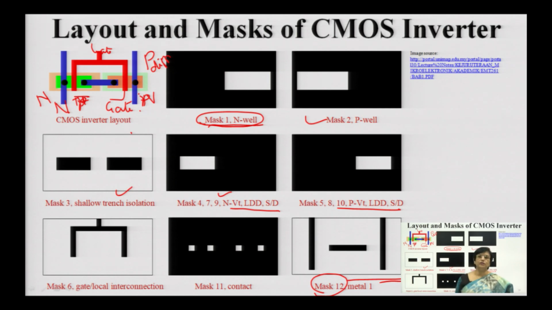Then you can imagine that for a complicated integrated circuit, you can have hundreds of masks which are to be designed with great precision, so that your device can be effectively replicated, or the same pattern can be replicated onto the wafer.